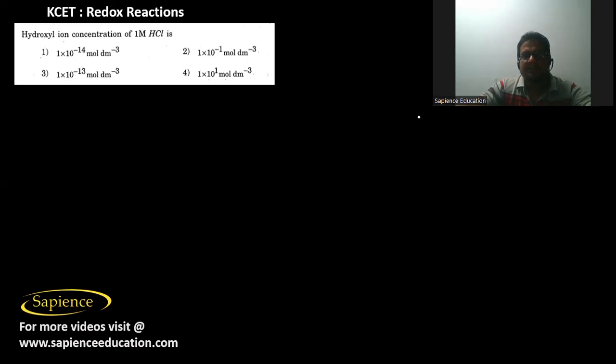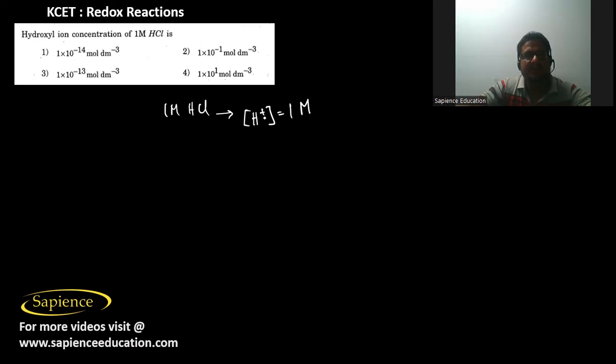Then here it is asked, what is the hydroxyl ion concentration of 1 molar HCl? 1 molar HCl means that the concentration of H plus, the hydronium ion, is 1 molar.